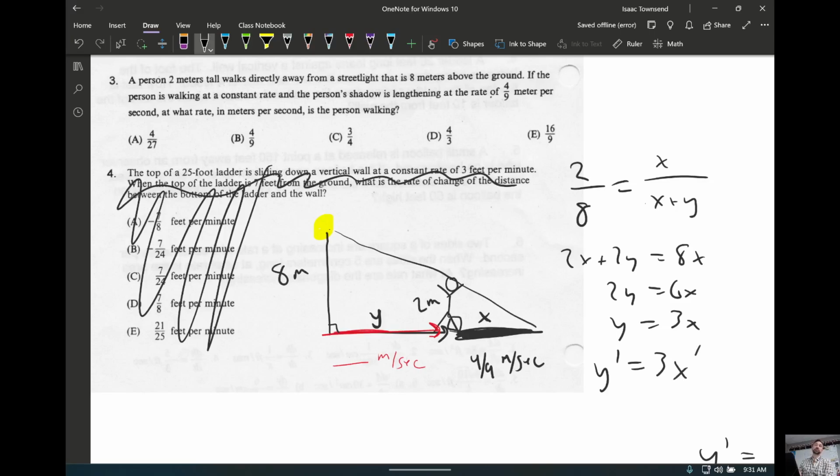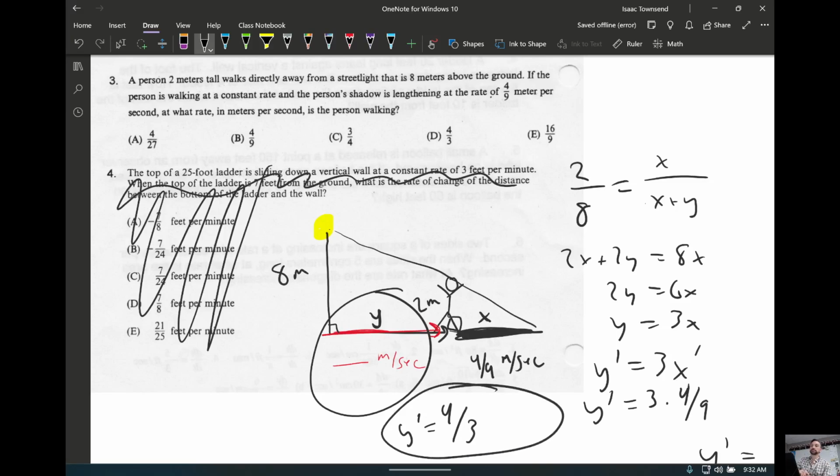Derivative of 3x is usually 3, but since it's with respect to t, we need an x prime. And since I'm calling this x, my x prime was 4/9. And since I called this y, the thing they were asking me to solve for was y prime. So the answer comes from 3 times 4/9, which would be 4/3. D.